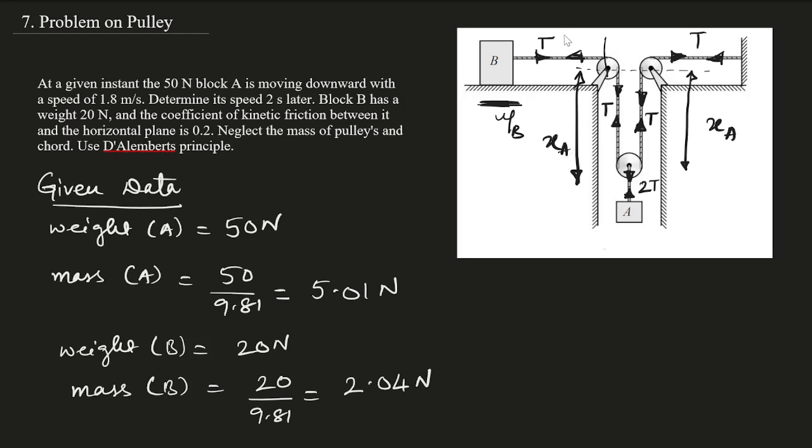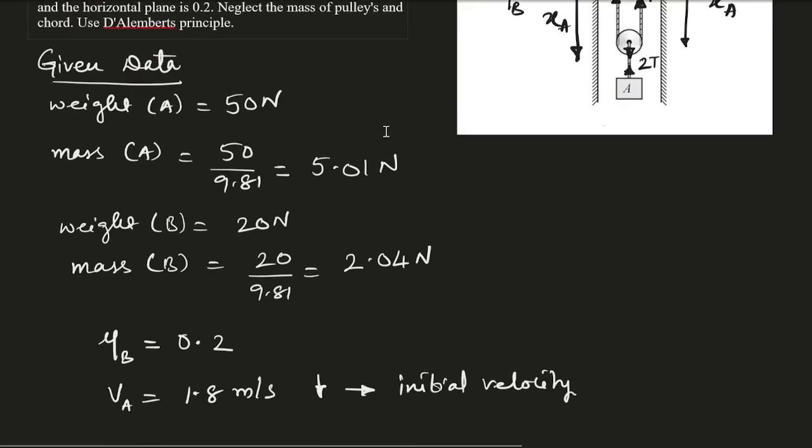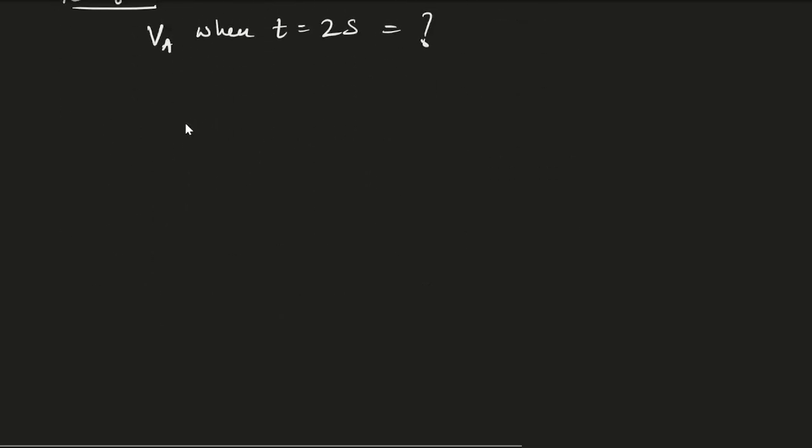From here the distance moved will be XB. So we have one XB and two XA. We have only two blocks, A and B, so the equation for this problem, the kinematic relation, will be the solution.